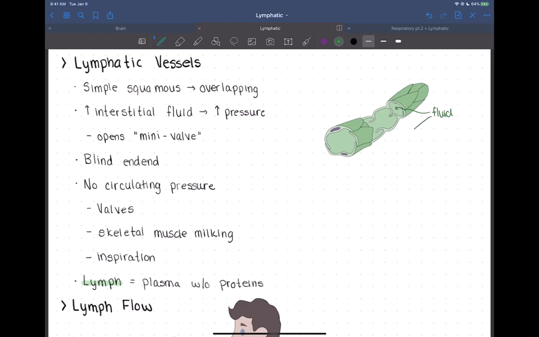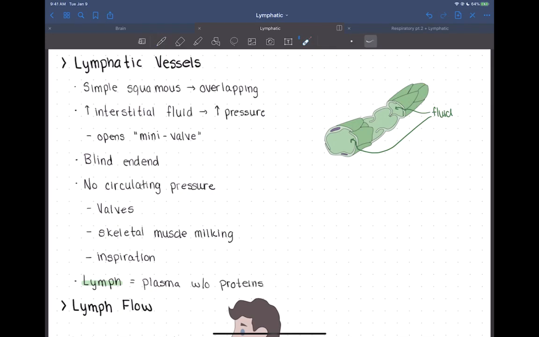You can kind of see it here. So it can press on this and open that little gap and get into the lymph vessel. And that's how interstitial fluid enters lymph vessels, okay? They're like little mini valves between those overlapping epithelial cells, okay?